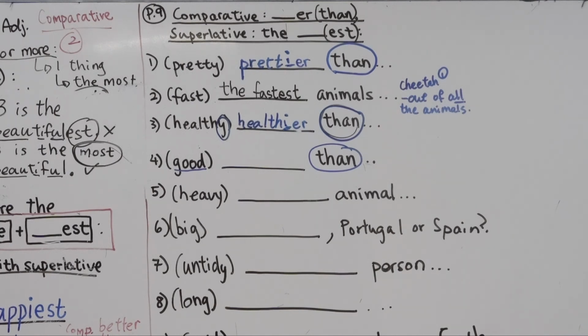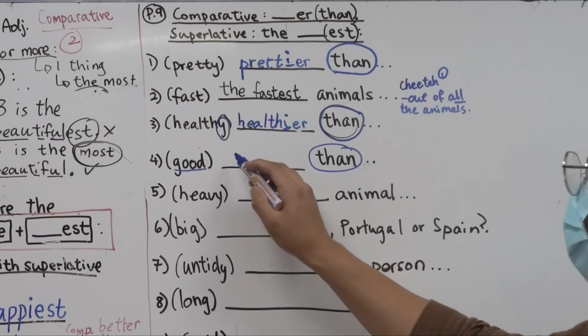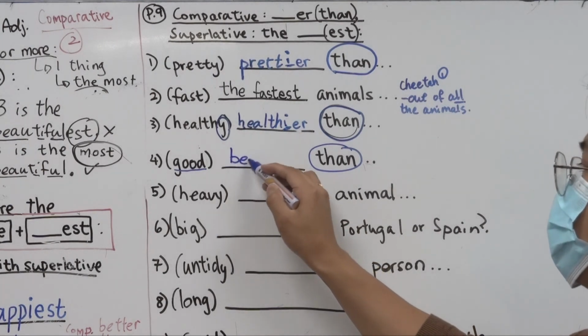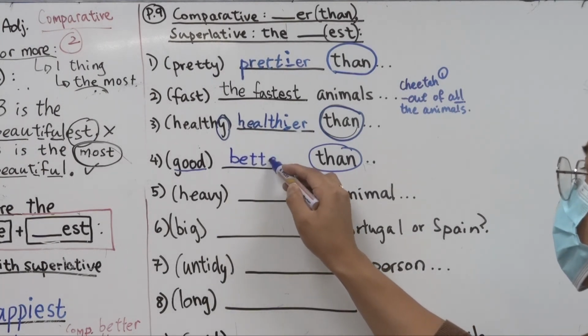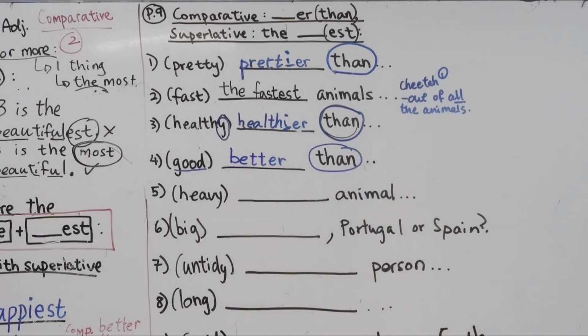Okay, so remember for the comparative and the superlative forms of good, we will change them. So we can't say gooder than and the goodest. These words start with letter B. So for the comparative form of good, it should be B-E-T-T-E-R, better. Better than coffee. So I like milk better than coffee.